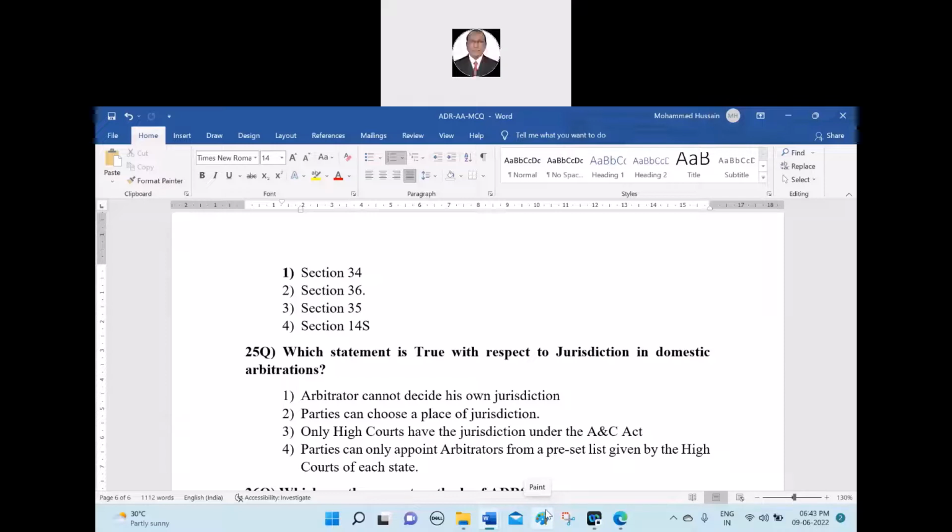Which statement is true with respect to jurisdiction in domestic arbitrations? Options. First one, arbitrator cannot decide his own jurisdiction. Second one, parties can choose a place of jurisdiction. Third option, only high courts have the jurisdiction under the Arbitration and Conciliation Act.